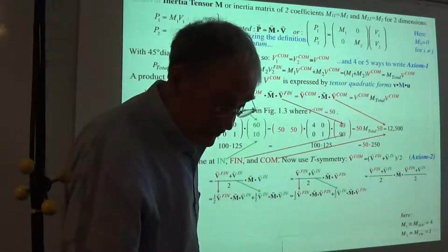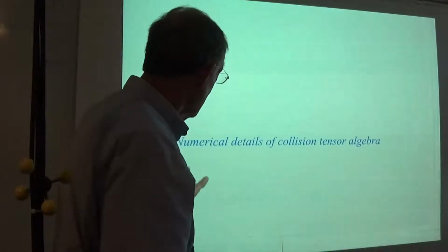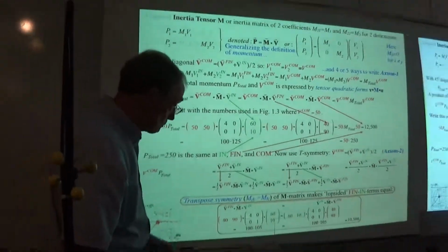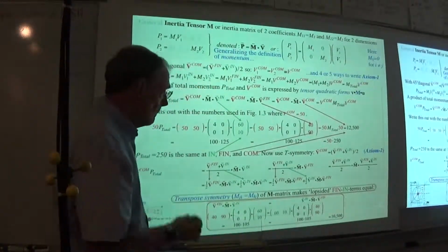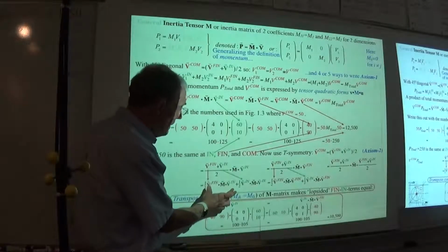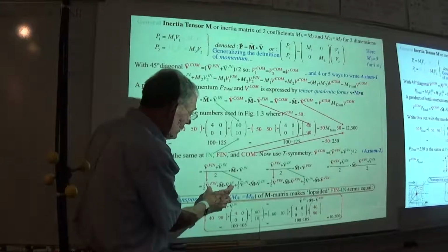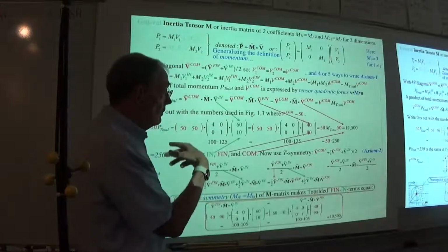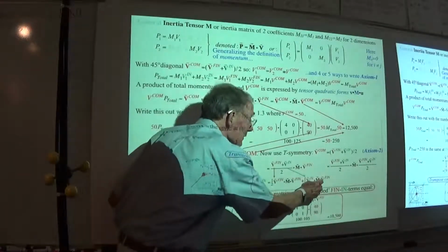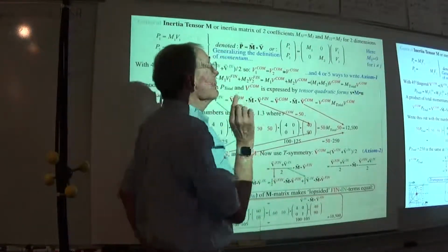Here is the matrix deal that this thing has. The numerical actual numbers that come out of this are shown here. And the idea is that this thing right here is equal to this thing right here if the M matrix, that's this tensor right here, is symmetric.